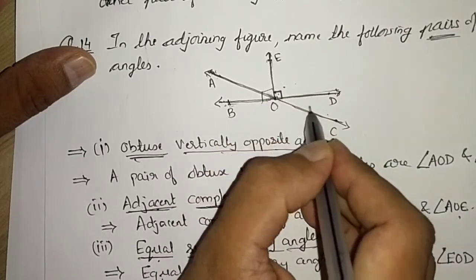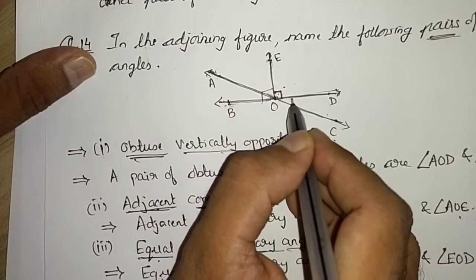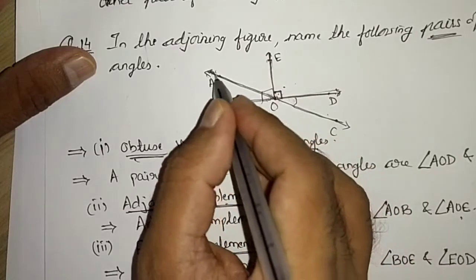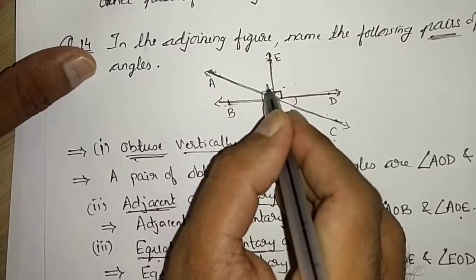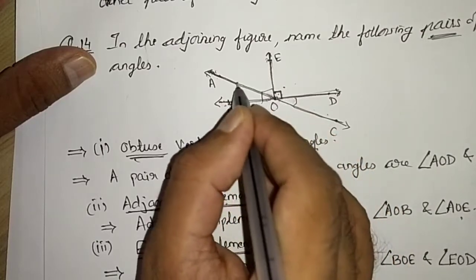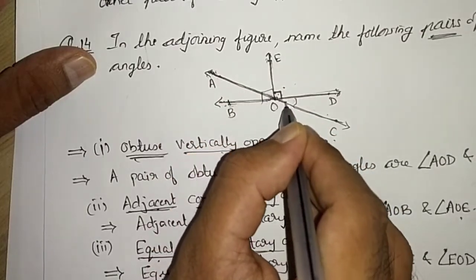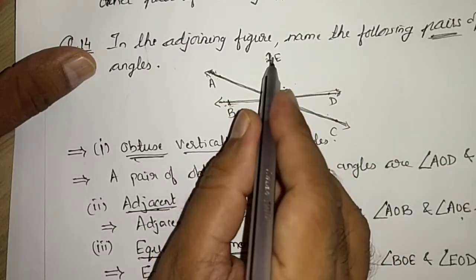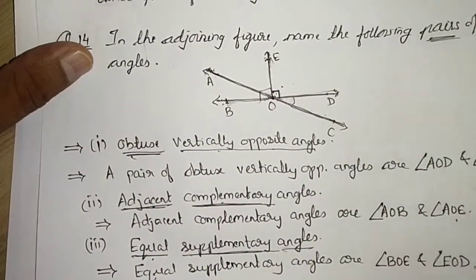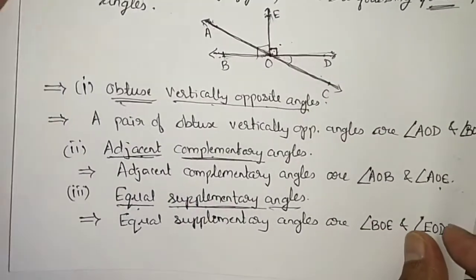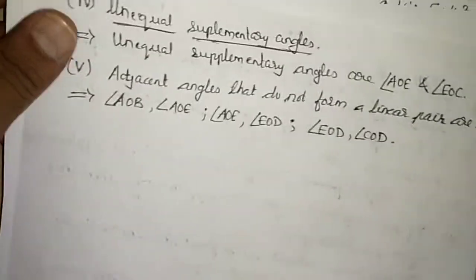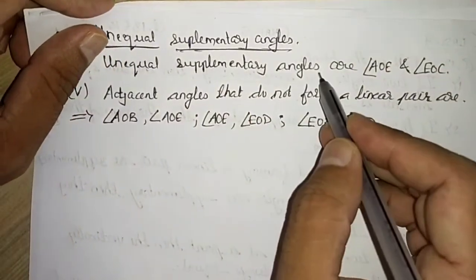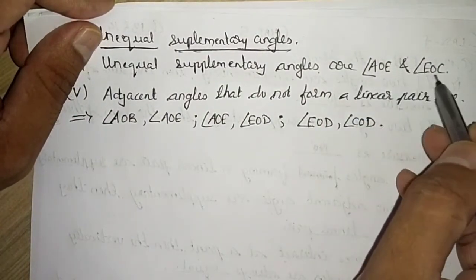EOC is more than 90 plus this angle AOE, and together they make 180 degree because they are forming on a line. So the unequal supplementary angles are AOE and EOC.